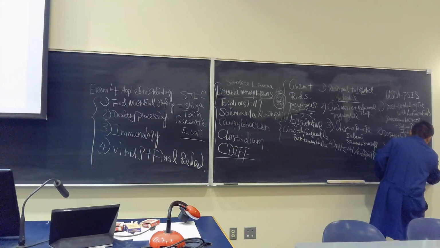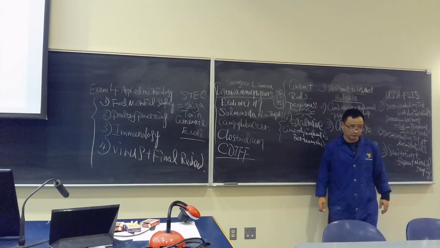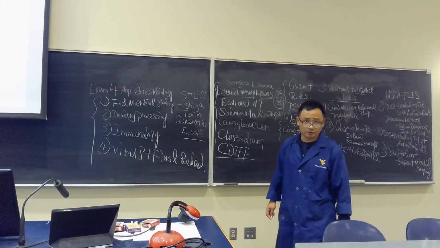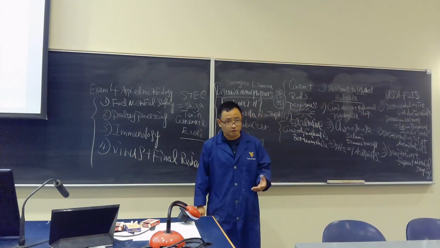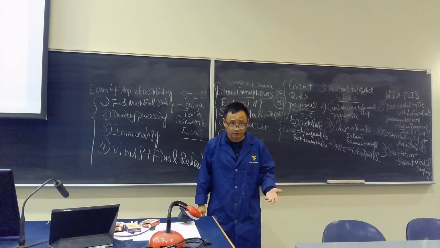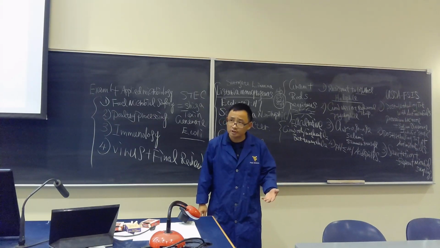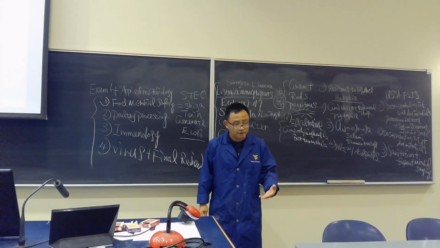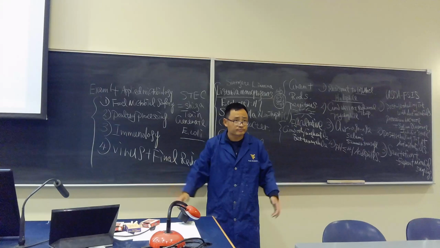And I want to tell you, this is a topic we could talk about the whole class, microbial sampling. It is very tricky and difficult to do because food product is a matrix. The geometry is not uniform a lot of the time, so you cannot test everywhere. Sometimes you have 1,000 hot dogs there.